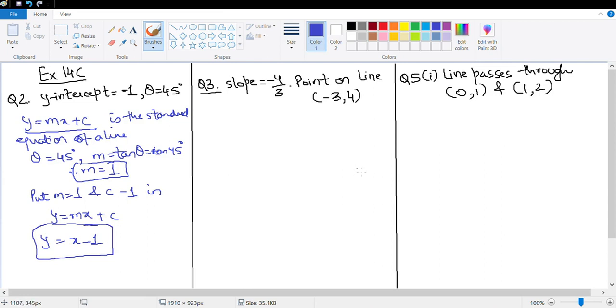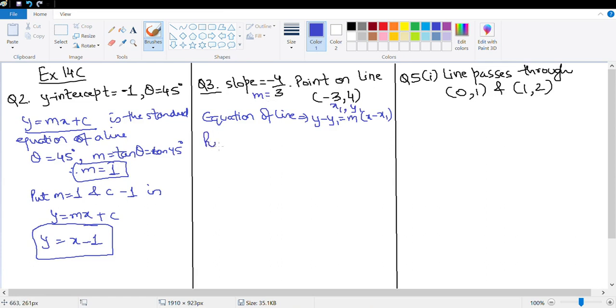Question number 3. In this case, find the equation of the line whose slope is -4/3 and which passes through -3, 4. The equation of a line is given by the formula y minus y1 is equal to m times x minus x1. In this case, this is x1, this is y1, and this is m.